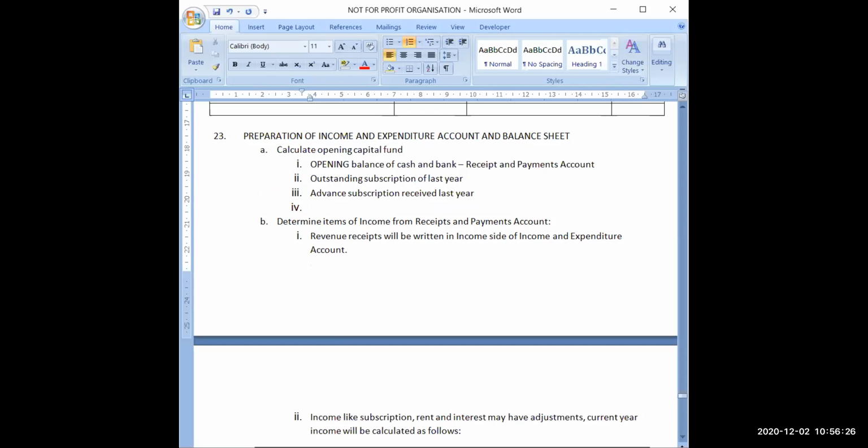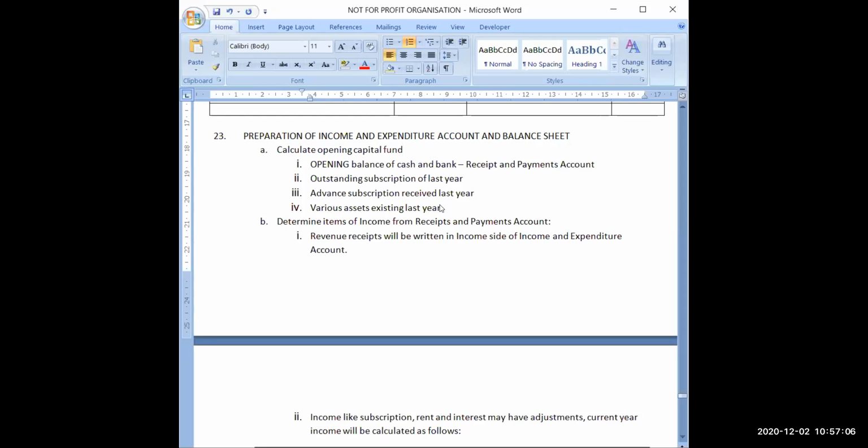Along with that you can get various assets existing last year. The question will tell you which assets you were having last year and what was the value last year. Such various balances you will get in the question regarding the opening balance sheet.